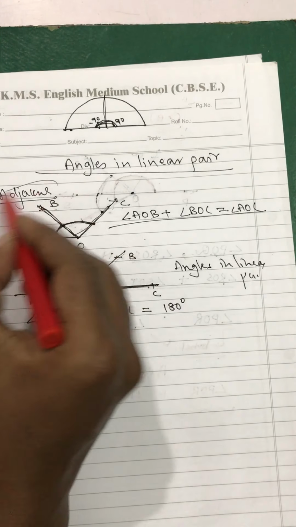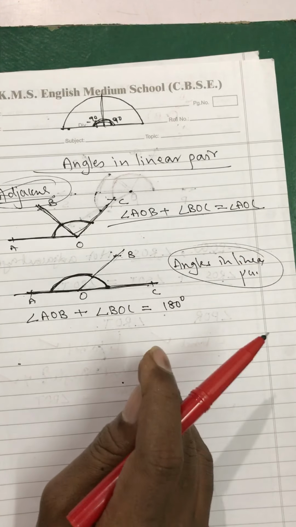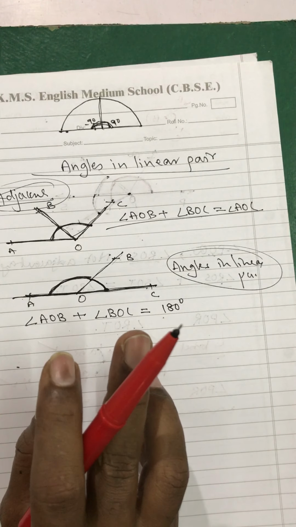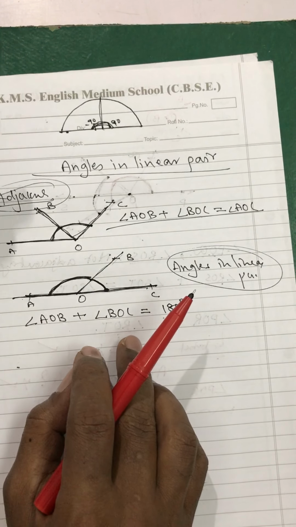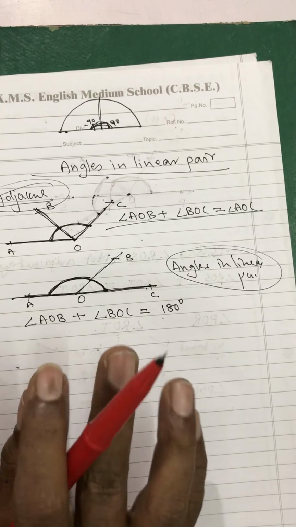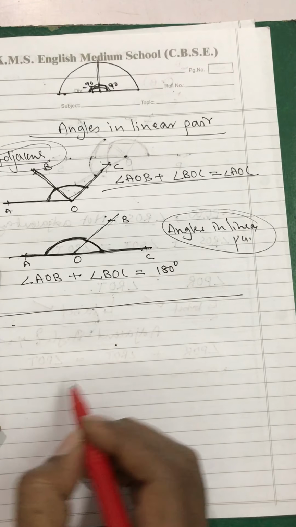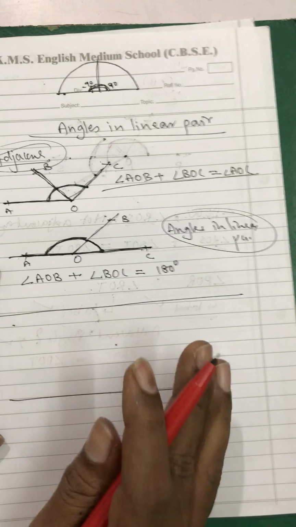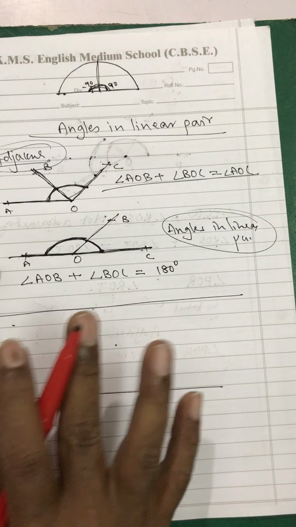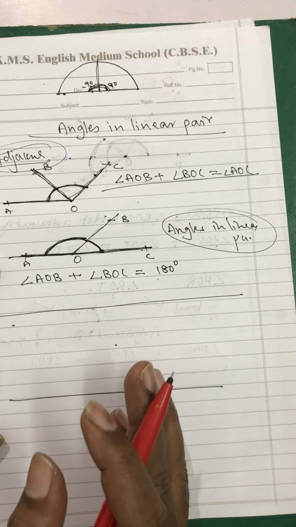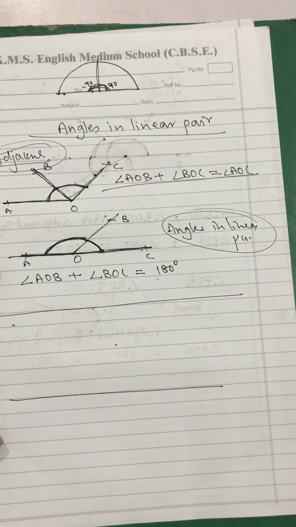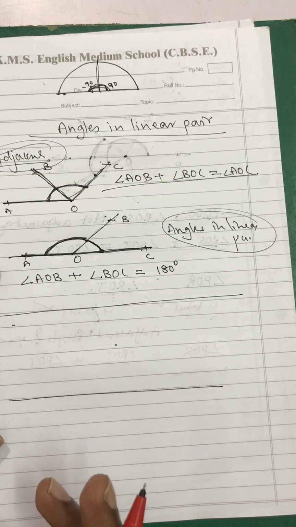Adjacent angles and angles in linear pair mean all the conditions of adjacent angles have to be satisfied in angles in linear pair. There should be no overlapping. Let us go into somewhat detail. Adjacent angles do not have to be only 2 angles. 3, 4 angles also can make adjacent angles, and 3, 4 angles also can make angles in linear pair.